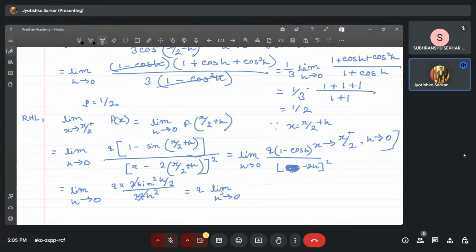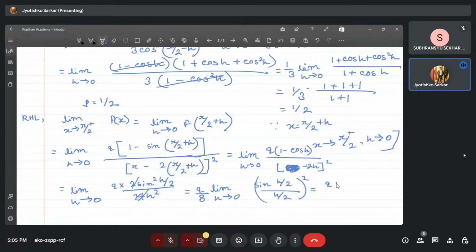I can write it as sine h by 2 whole square. And now as I'm taking here h square by 4, we have to balance it, yes, we have to divide it by 8. So then this value will give us 1.